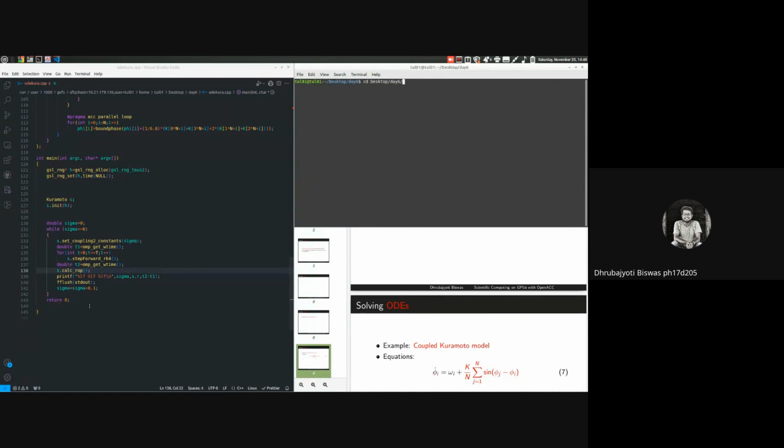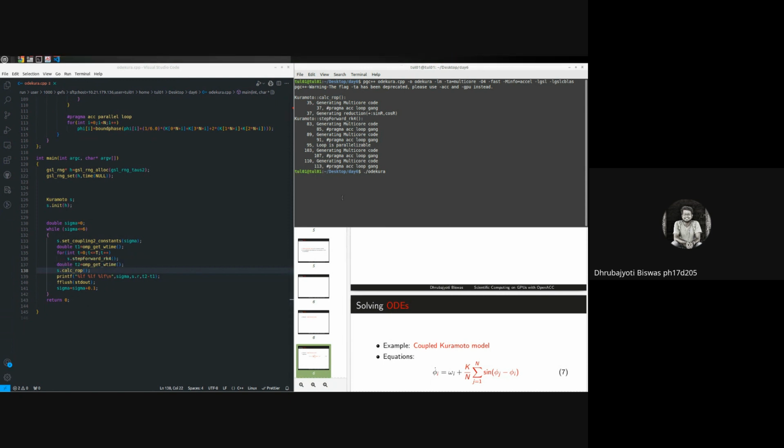Let us first compile this. Okay, this is compiling for multi-core. Let us run this. So it will show you the output here. I am also computing the time, how much time it takes to do t time steps for a particular value of sigma.